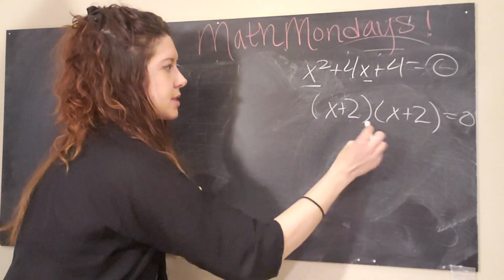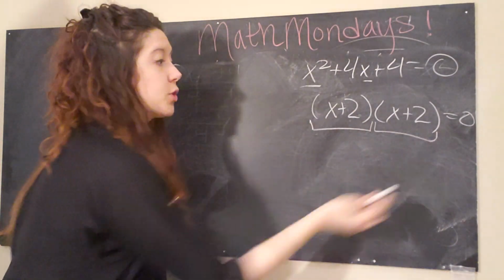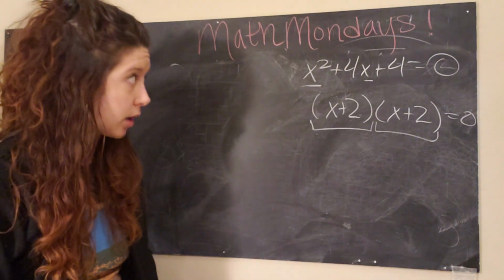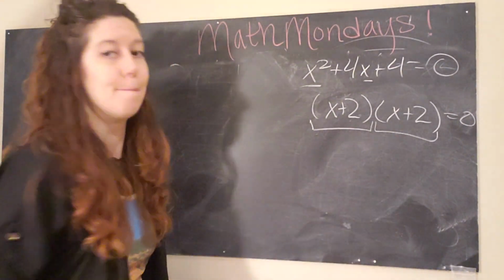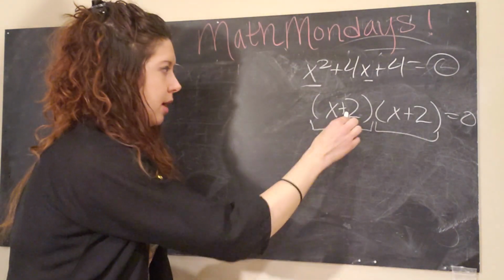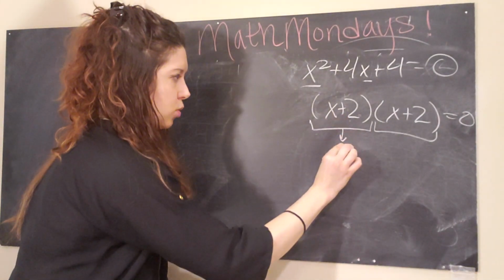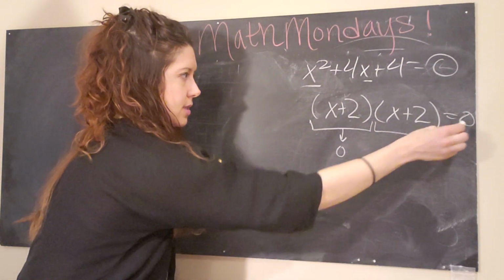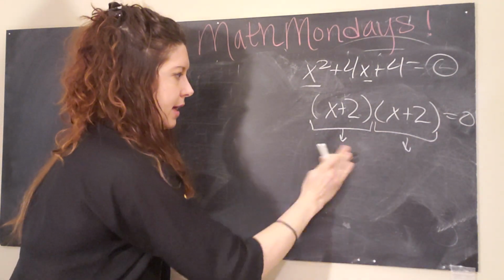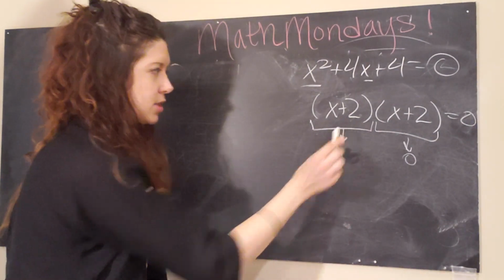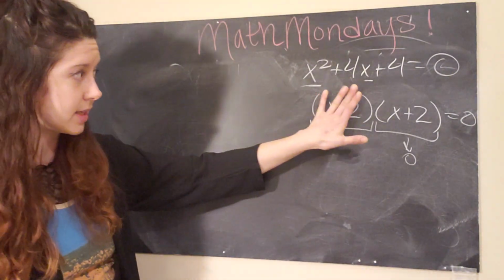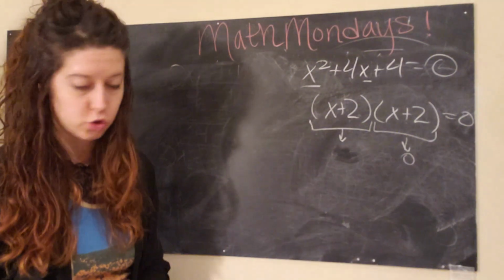In this case, since I have 2 things multiplied together that equals 0, I know that one or the other must equal 0. Because if this term equals 0, then 0 times this is 0. And likewise, if this expression equals 0, it doesn't matter what is in the other term, the whole equation will be true.